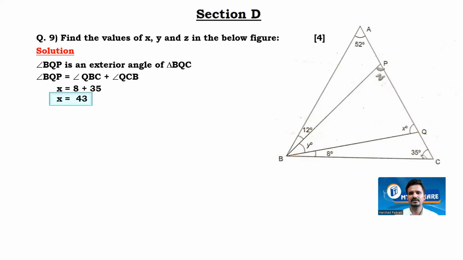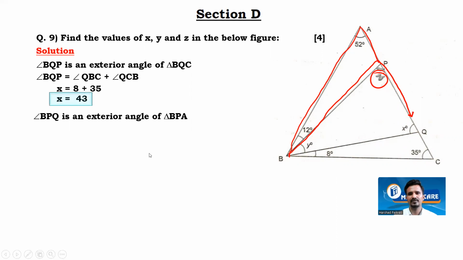If you got the first answer, the second can be found in the exact same way, but we can't find y directly. We'll first find z. Look at z. Z means angle BPQ. Now observe angle BPQ carefully. BPQ is the exterior angle of triangle BAP. Can you see that?